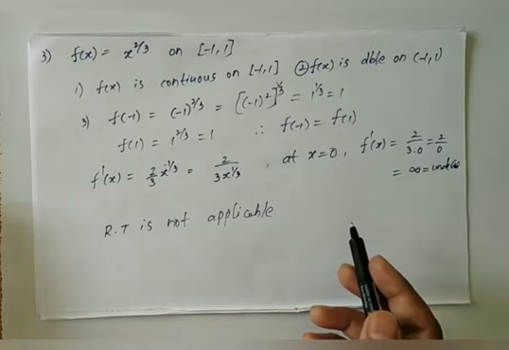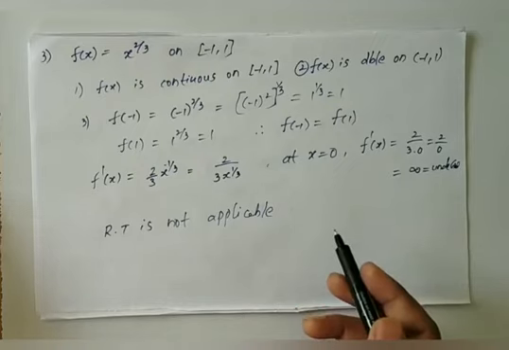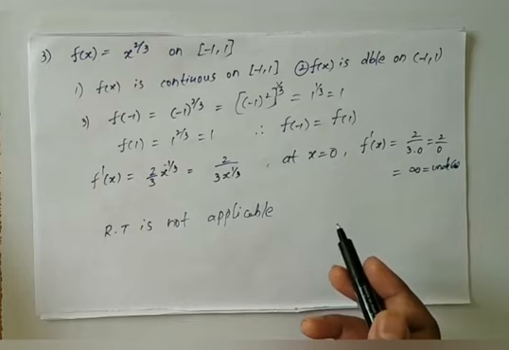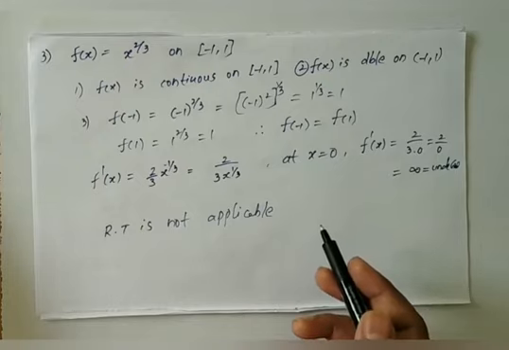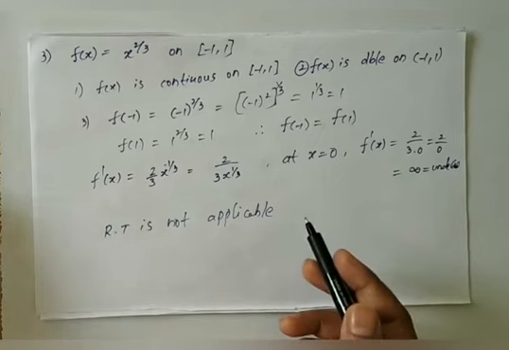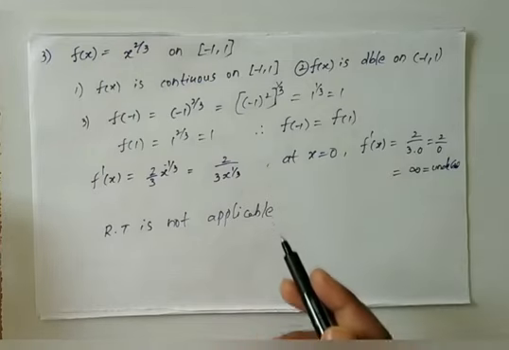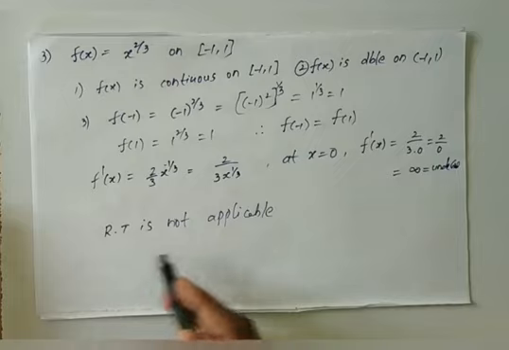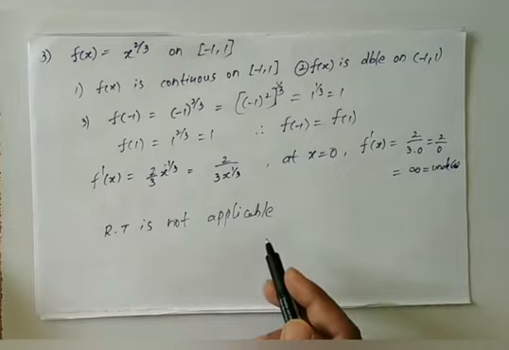So f dash of x is undefined at x is equal to 0. Rolle's theorem works only if f dash of x exists for all x in the open interval minus 1 comma 1. But here f dash of x does not exist, so Rolle's theorem is not applicable.